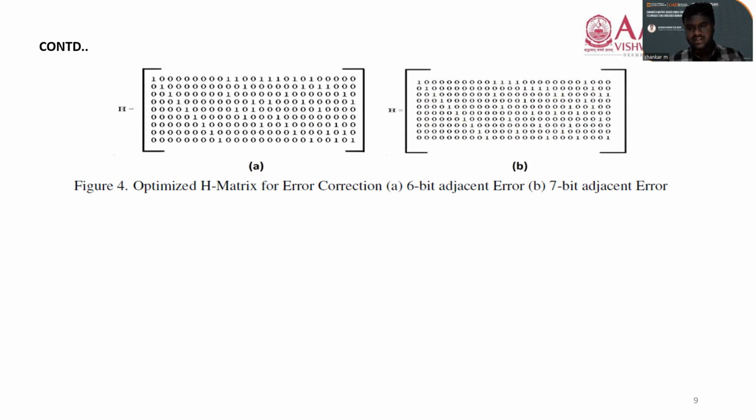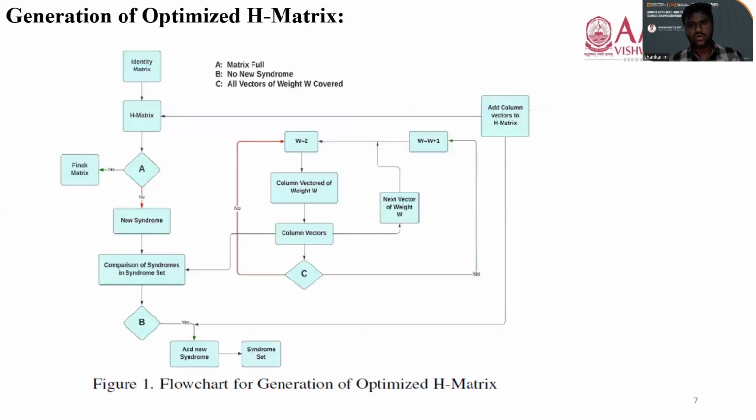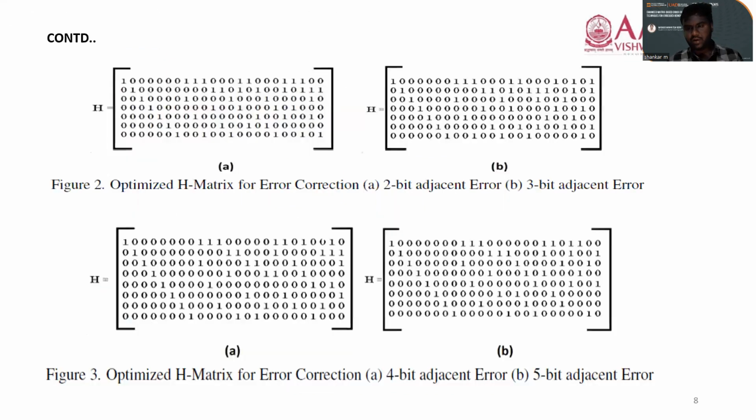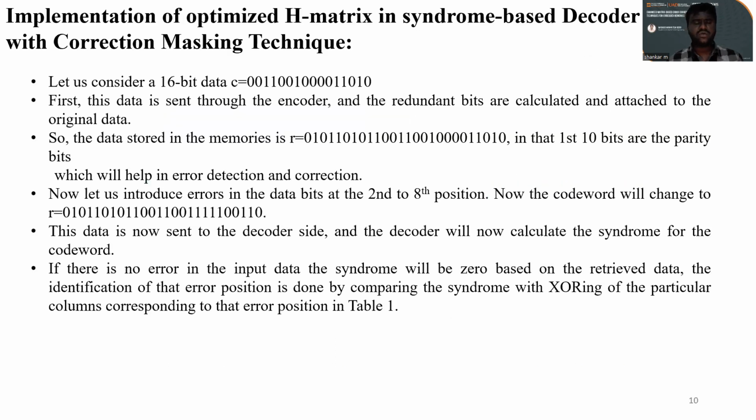The number of ones in this optimized H matrix is less, which will help reduce the area, power or parity bits. So the next part of the presentation is implementation: how this optimized H matrix is implemented in the syndrome-based decoder with correction masking technique.